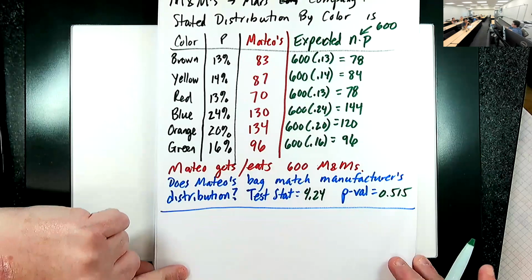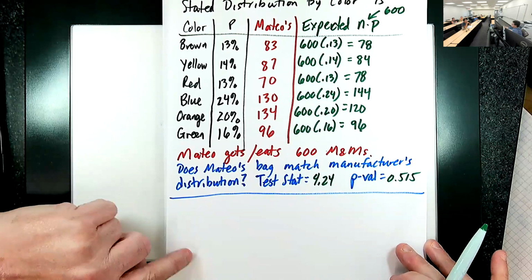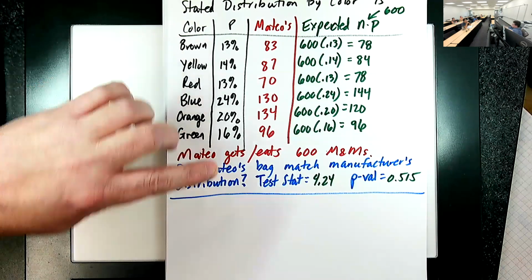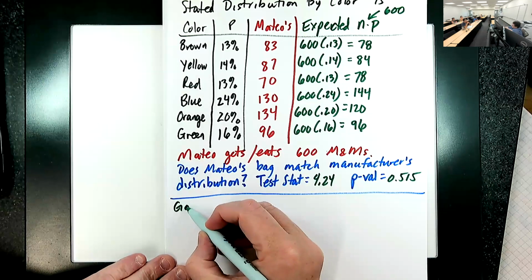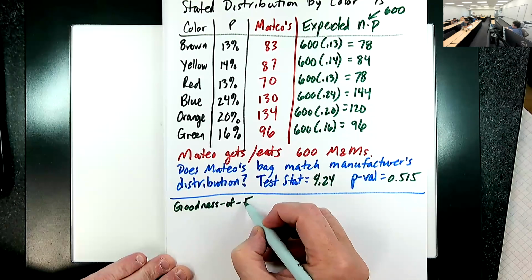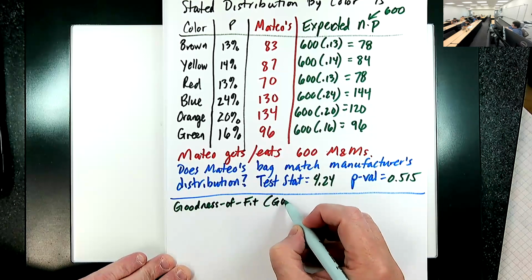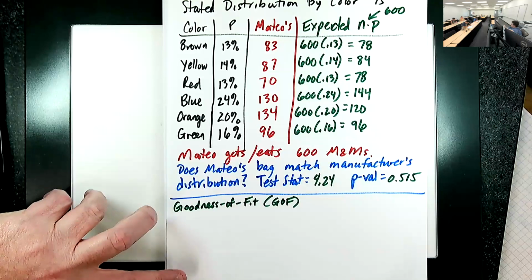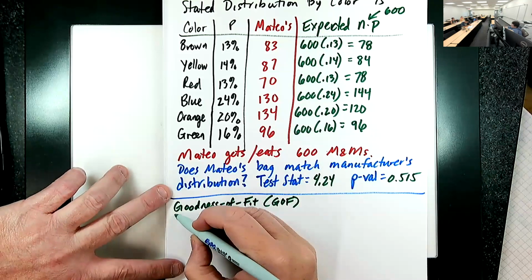First off, identify what type of test this is. If you've got more than 3 percentages, this is a goodness of fit test. So you're going to say, this is a goodness of fit test. You could even put GOF if you like. Then you need to say what H naught and HA are.